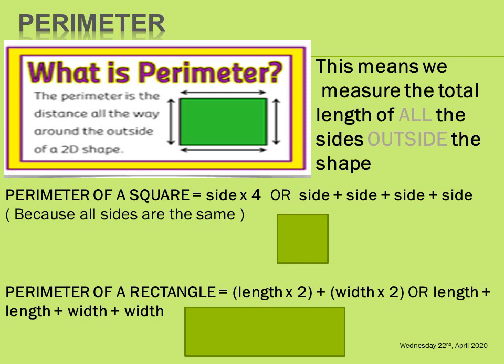So if one side is 5 centimeters, it means all the other sides will be 5 centimeters. So if I want to find the perimeter of my square, I will simply say 5 multiplied by 4 sides of the square. That is 20. Or 5 plus 5 plus 5 plus 5.